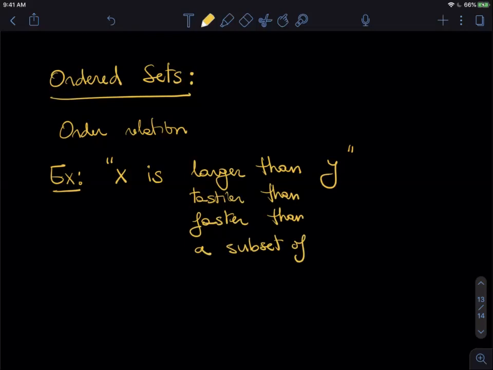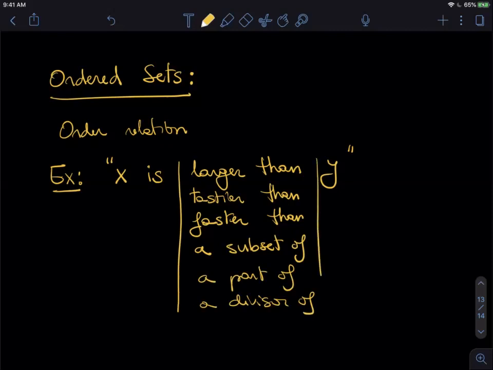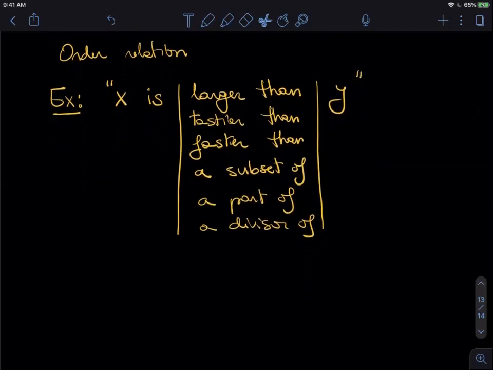We could say that X is a part of Y, or that X is a divisor of Y, like X divides Y. These are all possibilities. So we probably agree that these are order relations because they rank elements. Somehow informally, this is not a definition, it's just an informal way of saying what an order relation is.